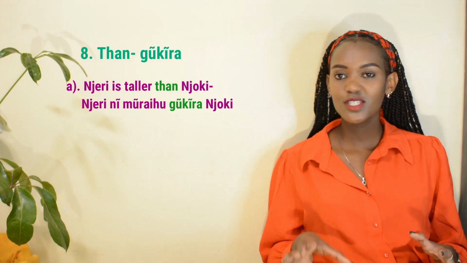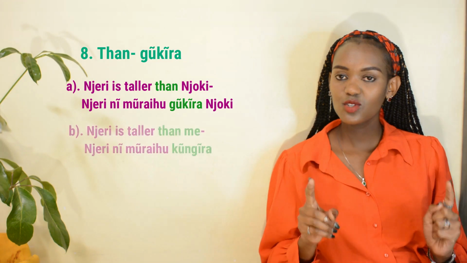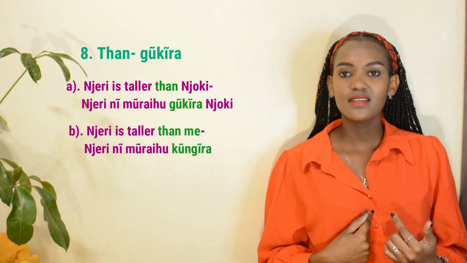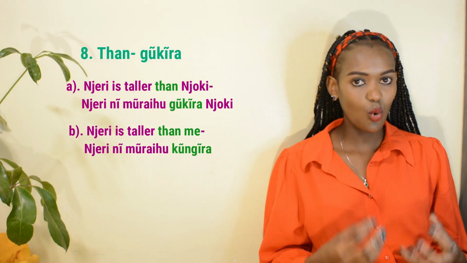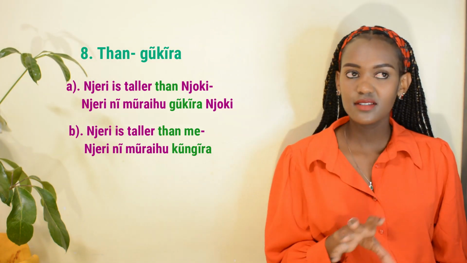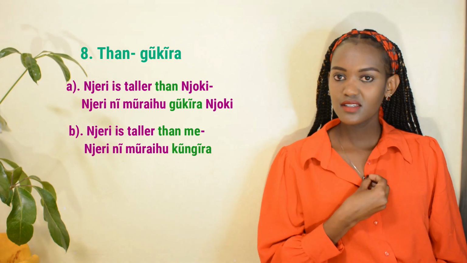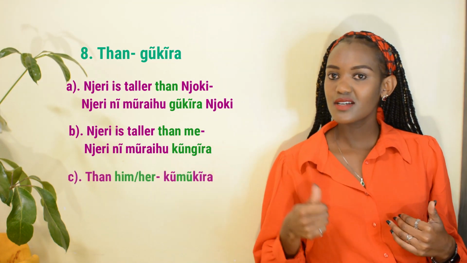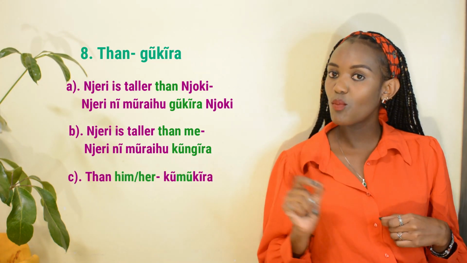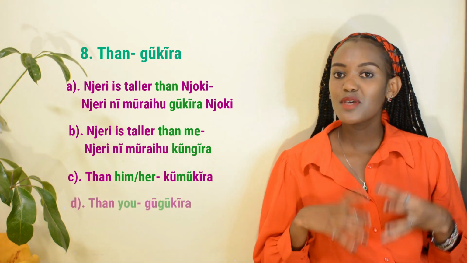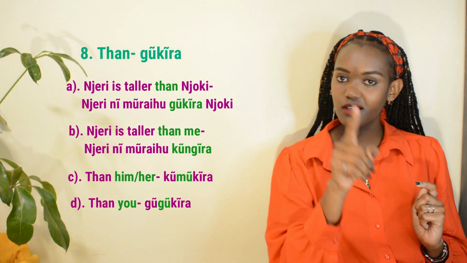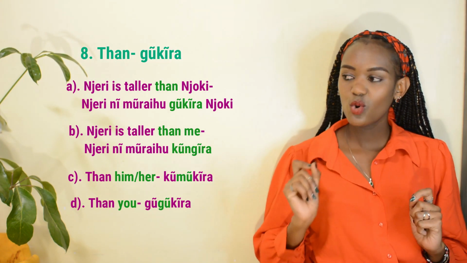If in this case I wanted to say Njeri is taller than me, I'll say Njeri ni muraihu kogera. Yeah, so that is instead of saying gukira nie. If you wanted to say than him, then we can say komokera, when we are not mentioning names. Taller than you, muraihu gogokera.